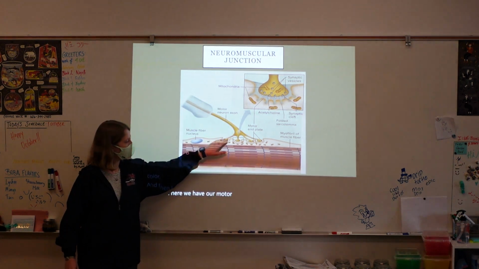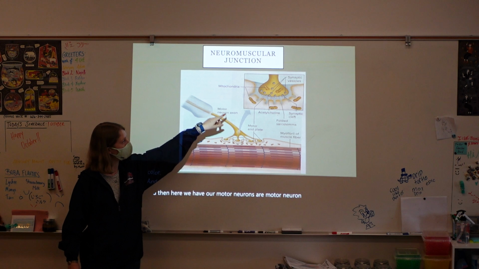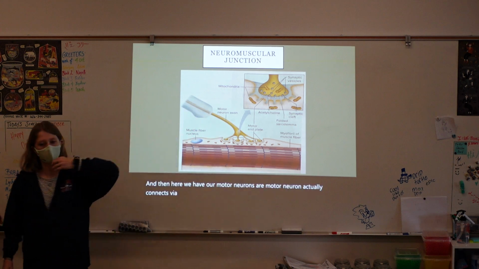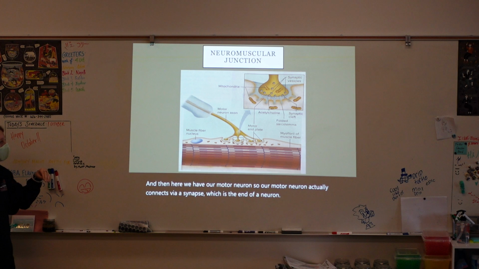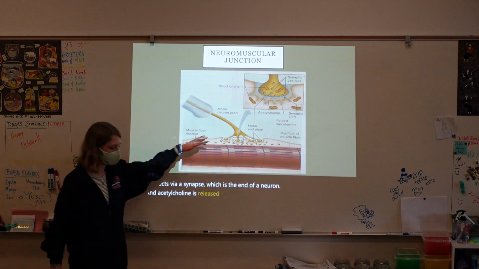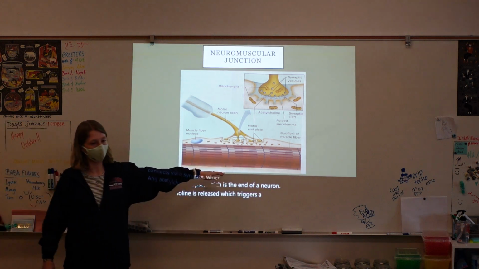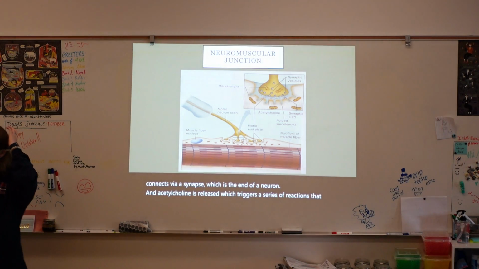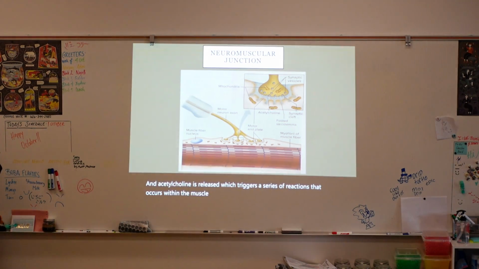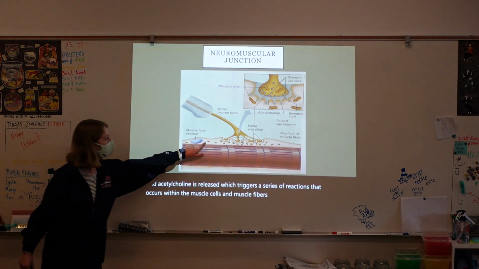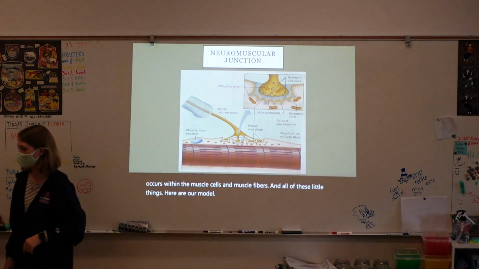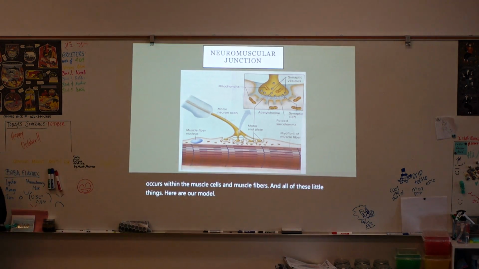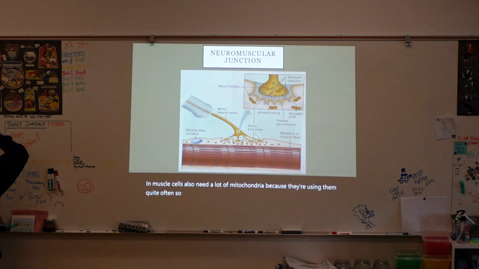Our motor neuron actually connects via a synapse, which is the end of a neuron. And acetylcholine is released, which triggers a series of reactions that occurs within the muscle cells and muscle fibers. And all of these little things here are mitochondria. Muscle cells also need a lot of mitochondria because we're using them quite often, so we need that constant supply of ATP.